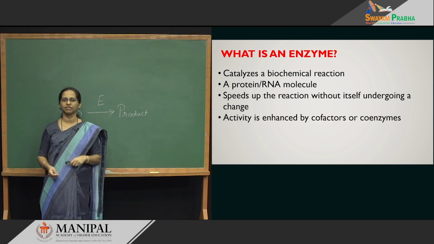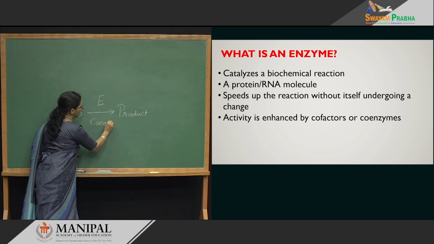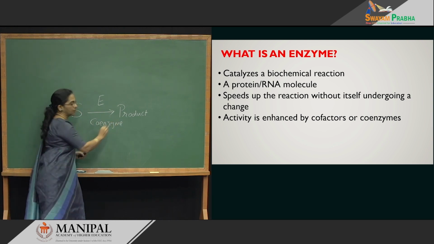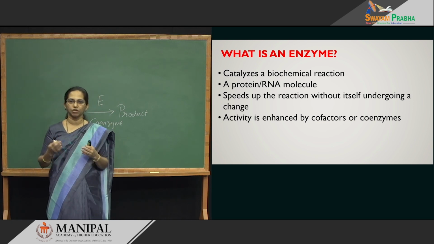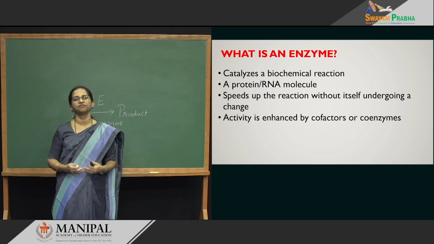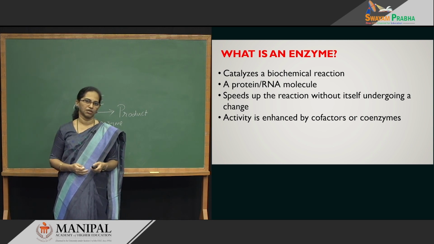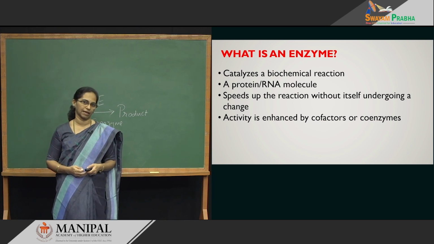And if you have something else along with the enzyme, if you have a partner with it, it will do the function faster. So, you have a coenzyme or a cofactor along with the enzyme, you can further speed up the reaction. So, that is about the supporting factor for enzyme.